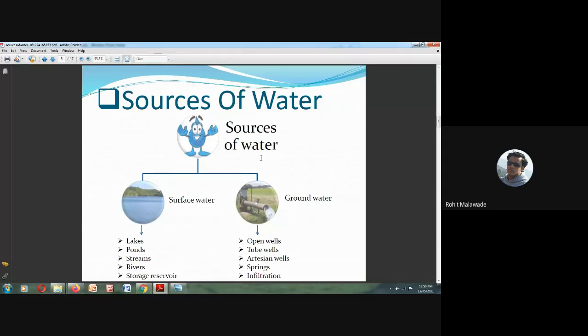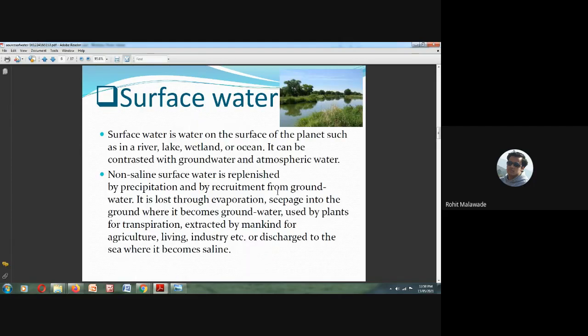The water present below the ground level we call groundwater. So we have open wells, tube wells or bore wells, artesian wells, springs, and infiltration. These are the different sources of groundwater available to us. So we are mainly dependent on these two aspects for the drinking water supply.